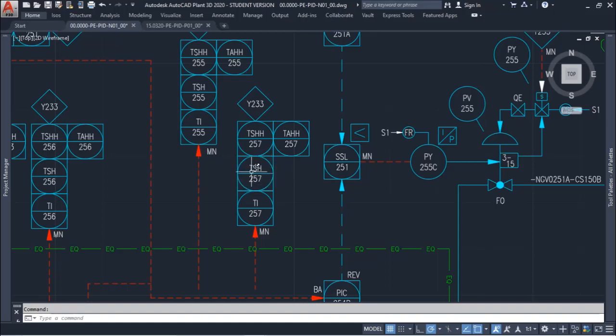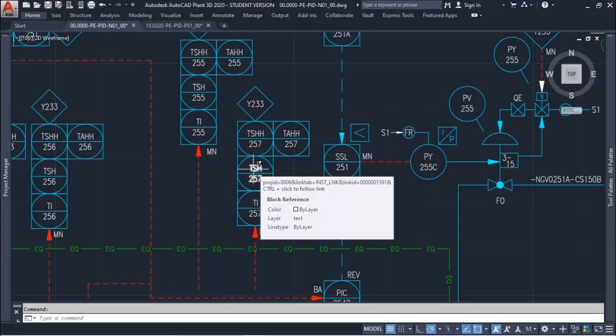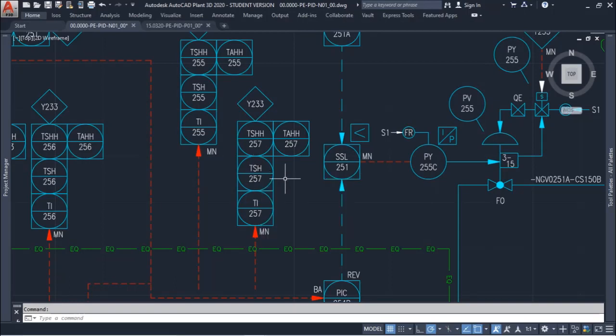Without the alarm, in this case, the automation team will not program that. So even if we reach a higher, abnormal temperature, but we don't have a TA, the operator will not receive an alarm in the control room.